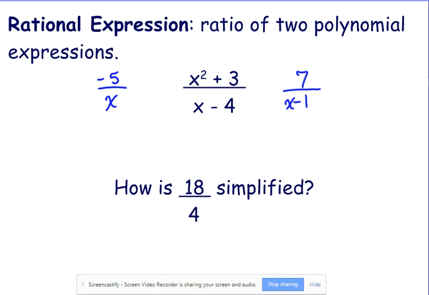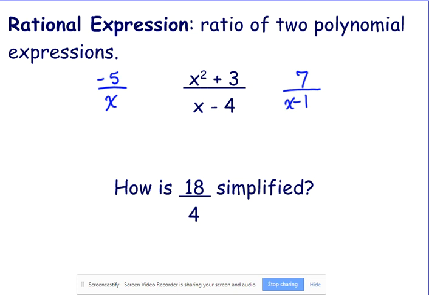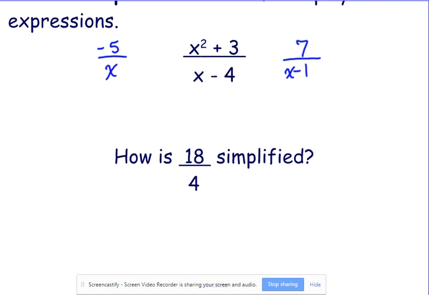So, we're getting ready to simplify these things, so I always want to relate this back to real numbers so that it makes more sense. If we're trying to simplify 18 over 4, it's not simplified by typing that into your calculator and pressing enter. To truly simplify that, you're looking for what they have in common, and you're going to cancel that out.